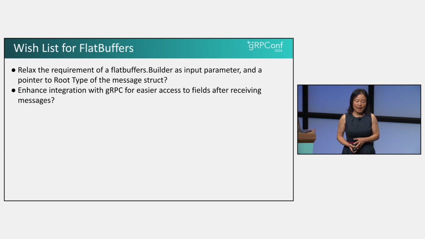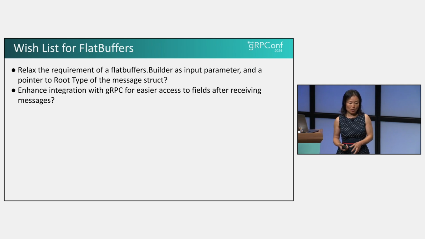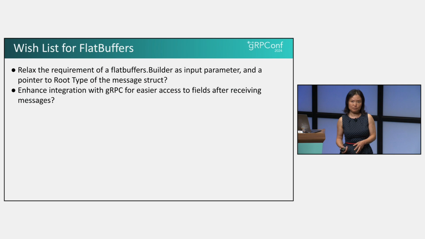And for FlatBuffers, right now the codec requires a FlatBuffer step builder to be used when building a message buffer, and this in turn gets passed to a gRPC send function. And when the message buffer is received, the receive function returns a pointer to the root type of the message struct.